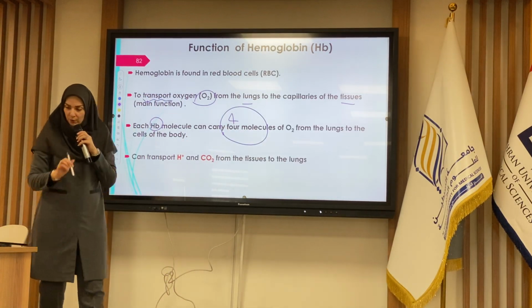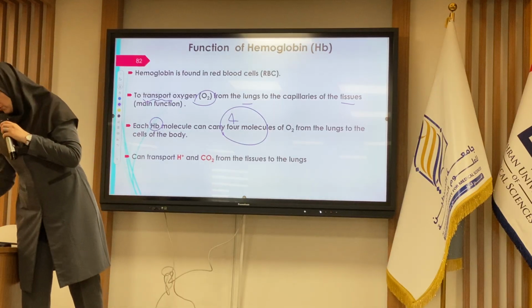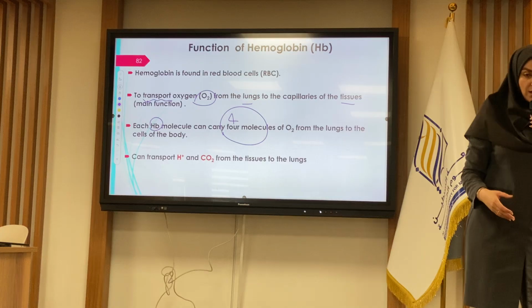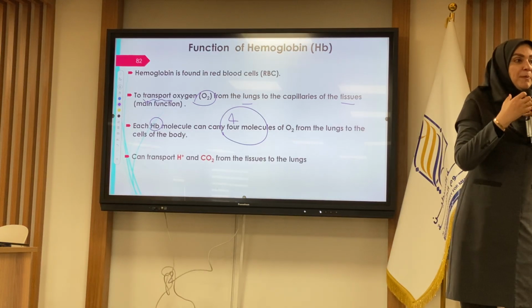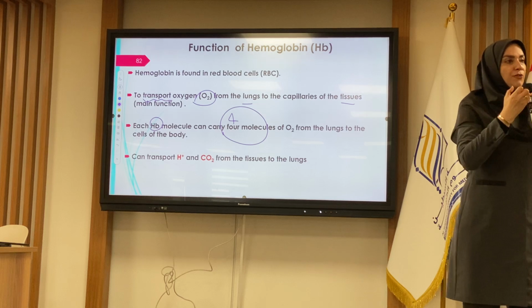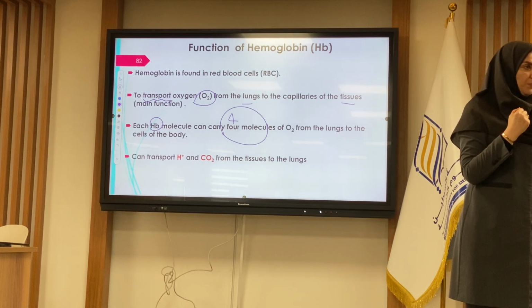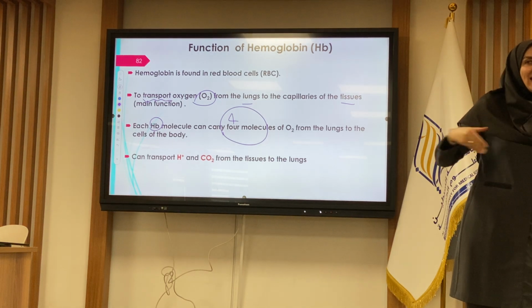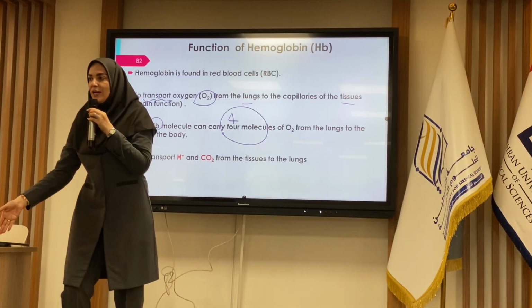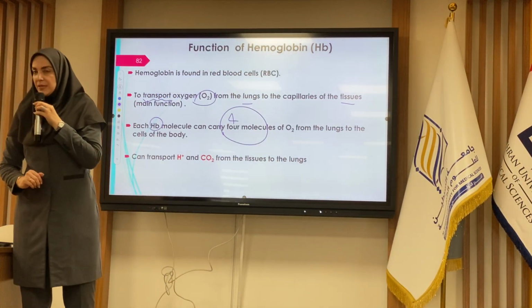I want to explain the role of hemoglobin. For example, here is the lung. I take a deep breath and take in all of the oxygen. You have some active tissues, like muscle and liver.